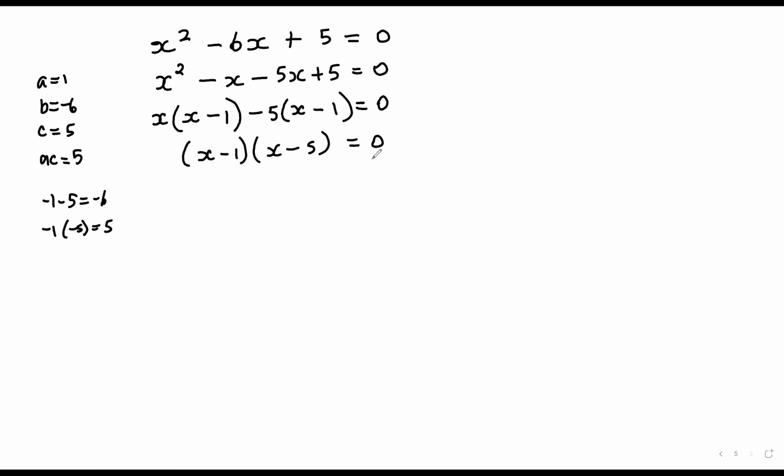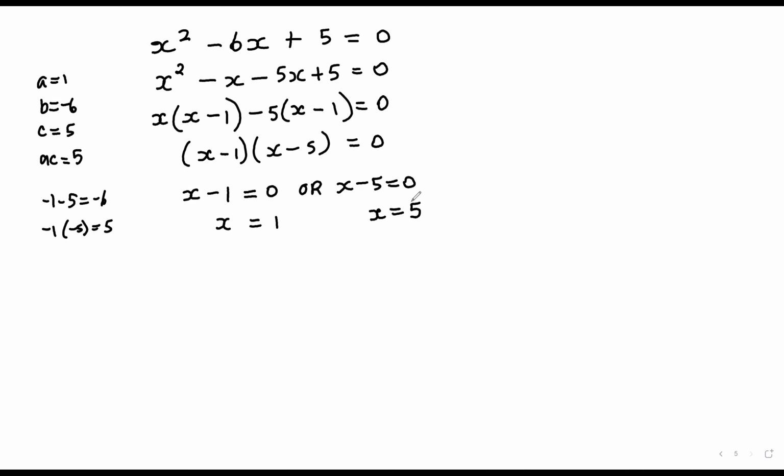Now that you have the two factors, you will let each of the brackets equal 0. So x minus 1 is equal to 0, or x minus 5 is equal to 0. If x minus 1 is equal to 0, then x is equal to 0 plus 1, which gives me 1. And if x minus 5 is equal to 0, then x is equal to 5.